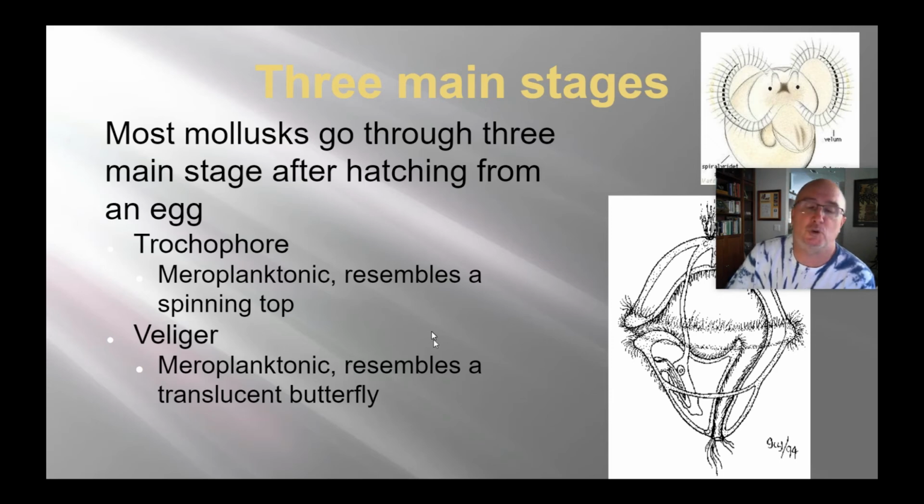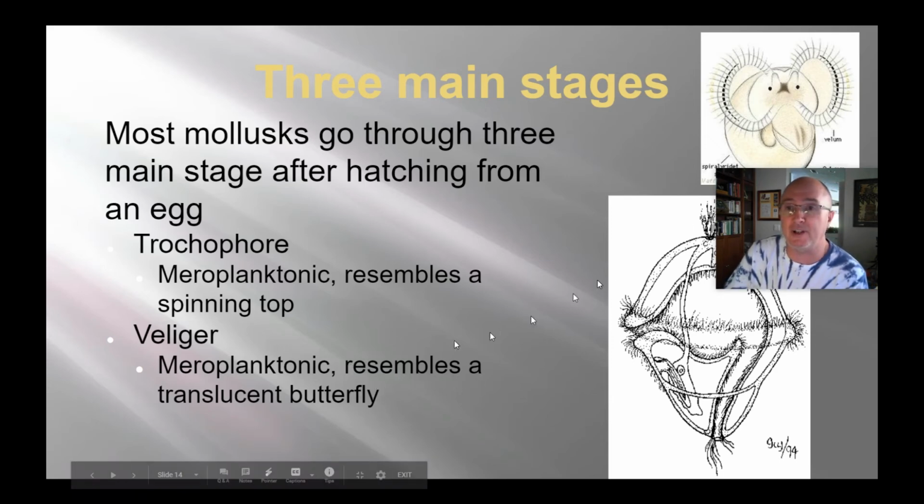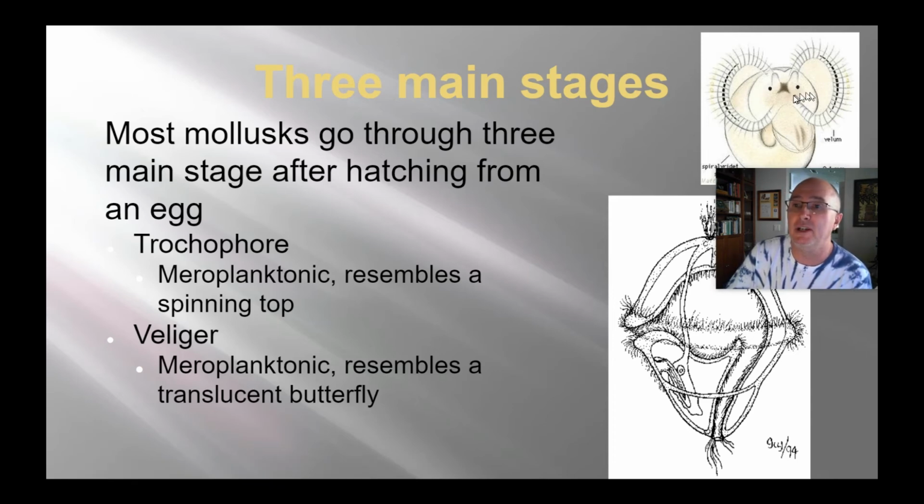And this one is quite often referred to as resembling a translucent butterfly, and we can see that picture up here. So these are drifting in the ocean currents until they feed enough, capture enough food, grow enough until they settle to the bottom typically and start their adult stage. So we have the trochophore, the veliger, and the adult stage as the 3 stages.